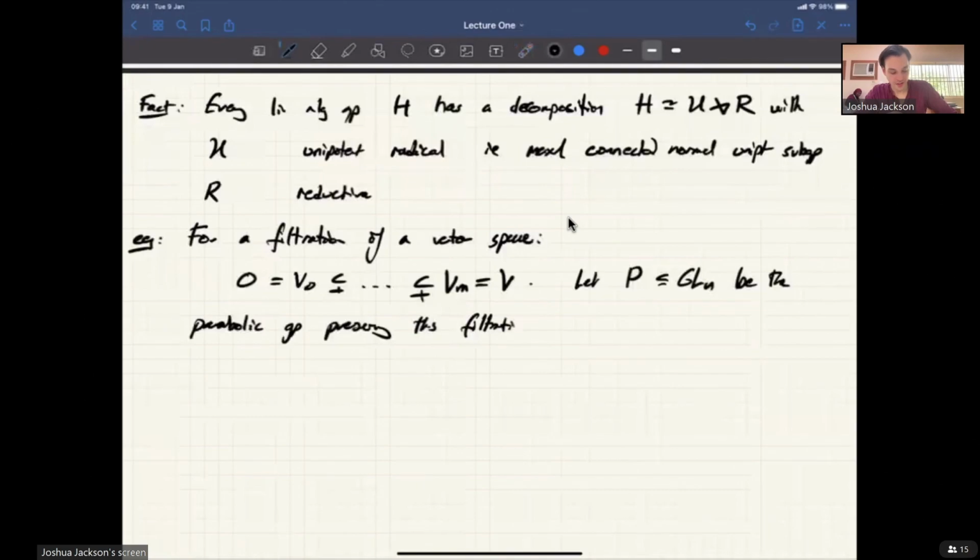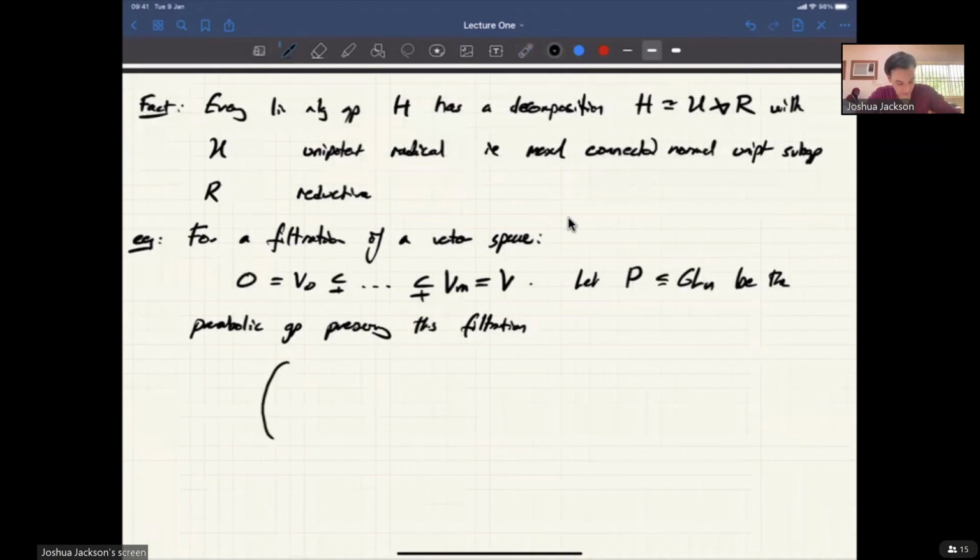It's just the elements in GL_n that fix every stage in the filtration. So if you choose a basis in the right way, first choose a basis for V_1 and then extend to a basis of V_2 and so on, then P will look block upper triangular in that basis.